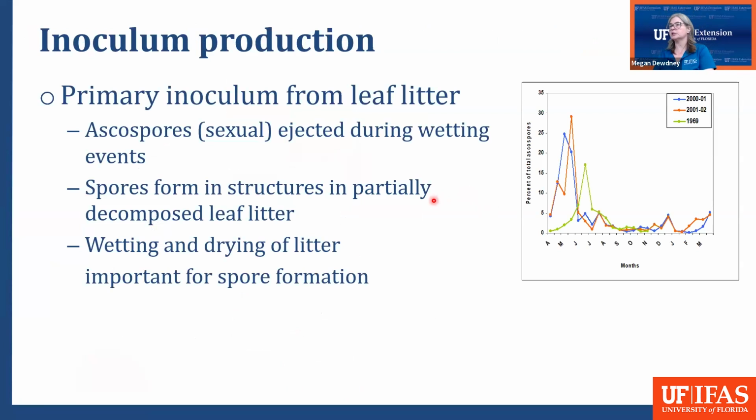So inoculum production, just as a reminder, our primary inoculum is coming from our leaf litter. Those ascospores are ejected during wetting events, from structures in partially decomposed leaf litter. And the wetting and drying of litter is really important for spore formation. You can see that historically, way back when Jack Whiteside was still alive and practicing plant pathology in Florida, our major ascospore ejections were actually occurring in June and July.